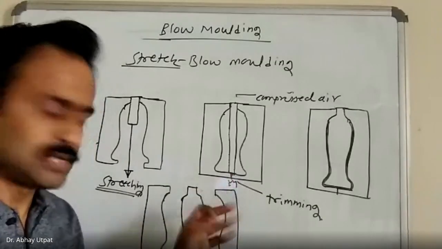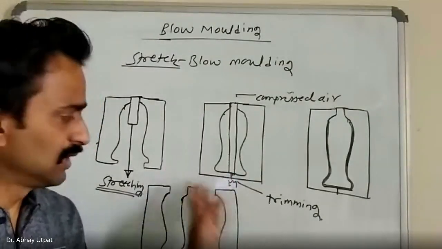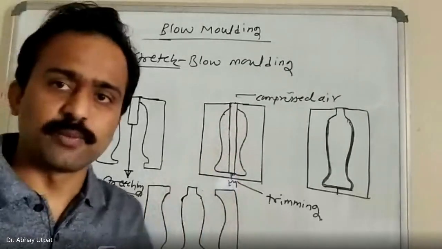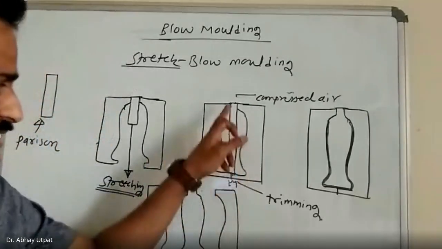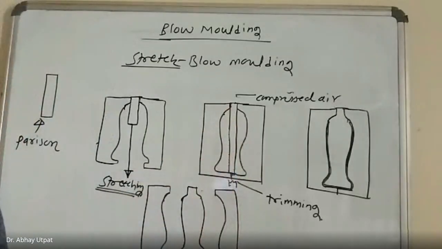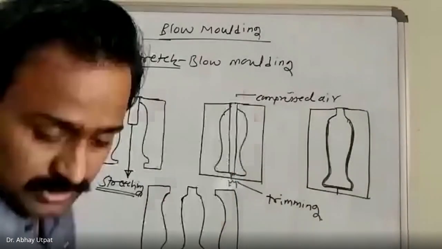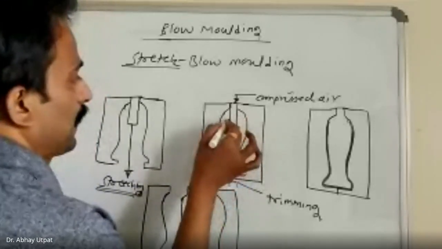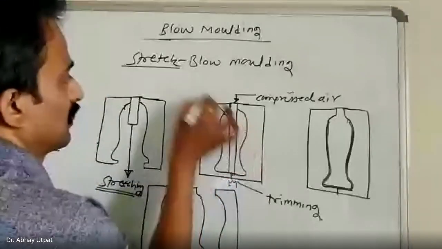Once you trim it, this is the stretched parison ready for blowing. And then you can put compressed air into this stretched parison. I will write it somewhere.